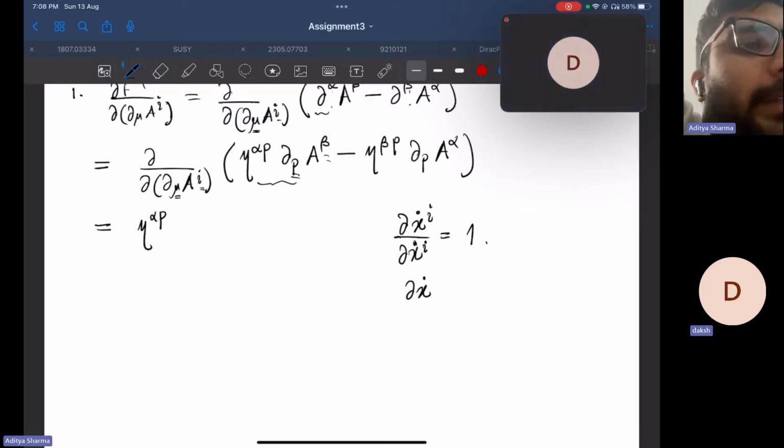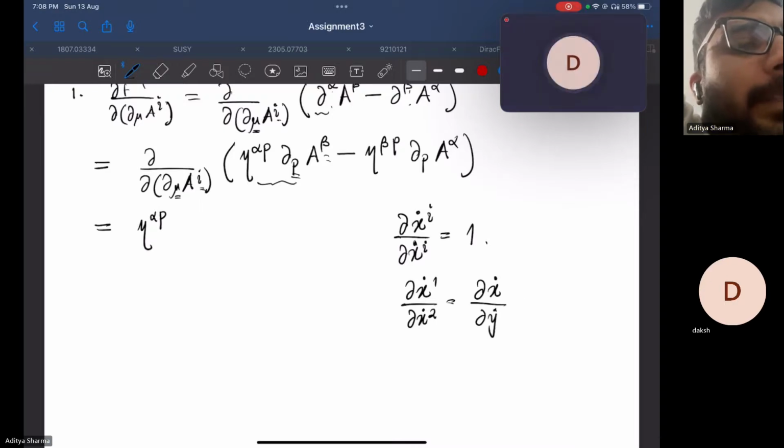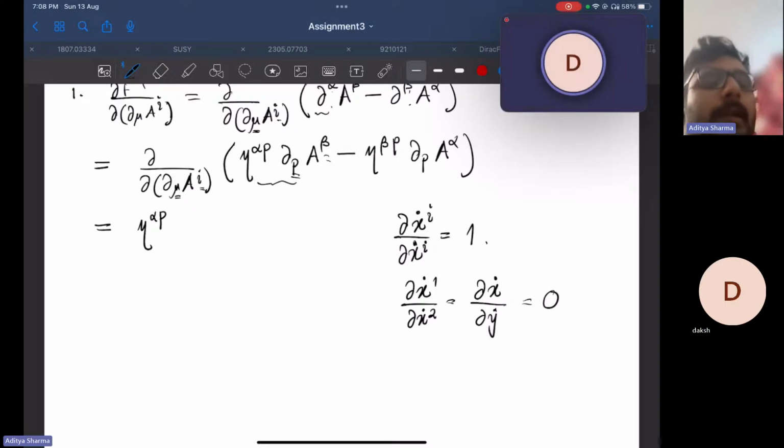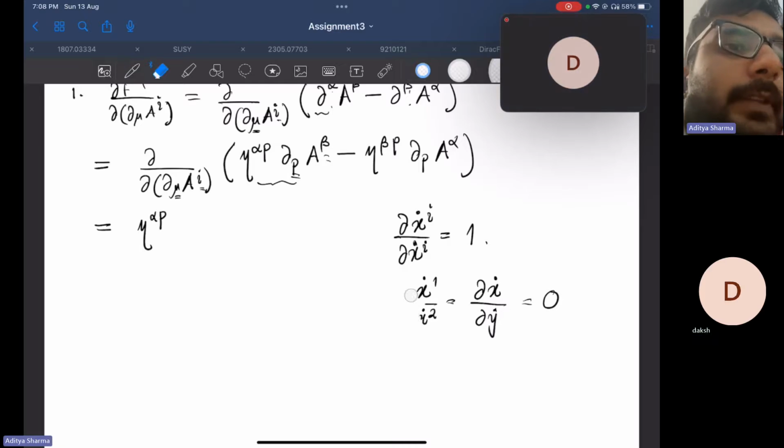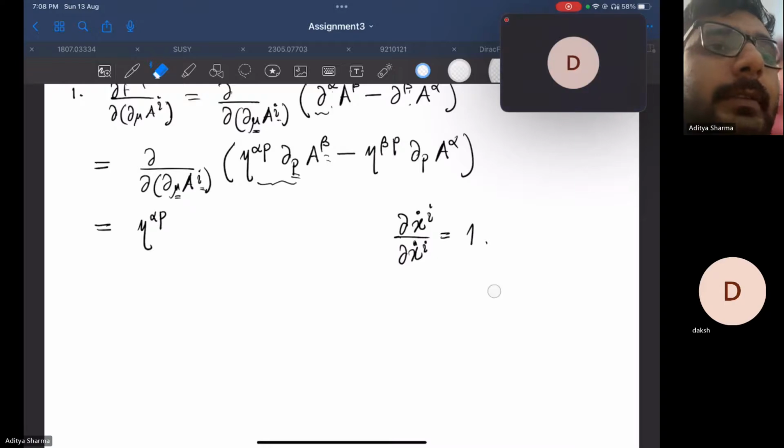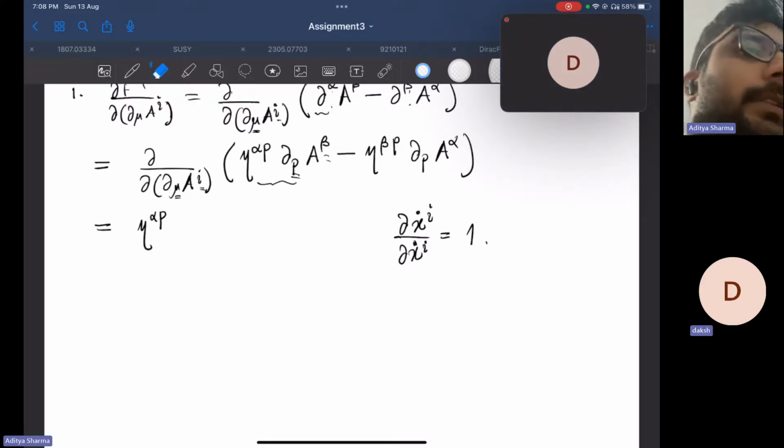If you have ∂ of x dot 1 by x dot 2, for example, x1 is x and this is y, then this is 0, right? Because they are independent components of the configuration space in the Lagrangian.